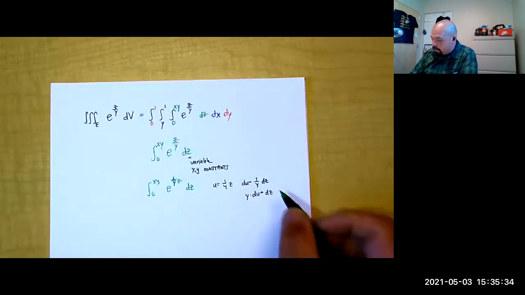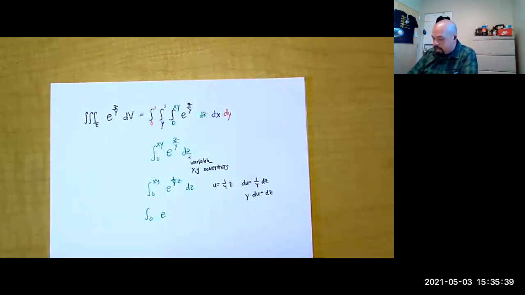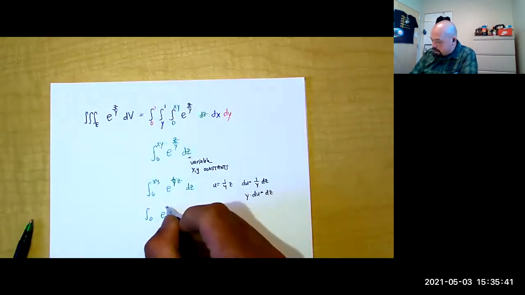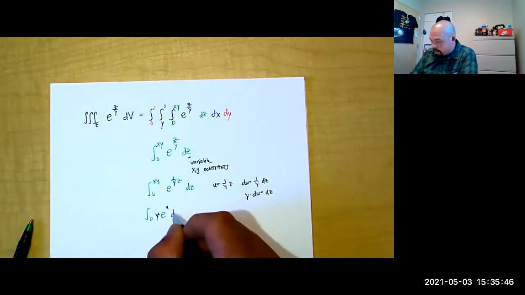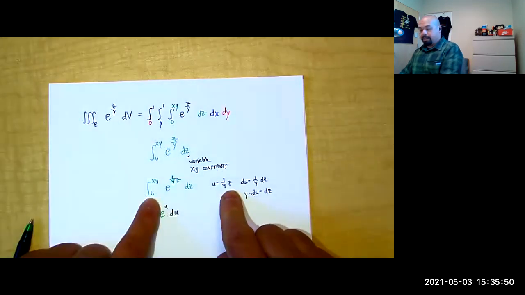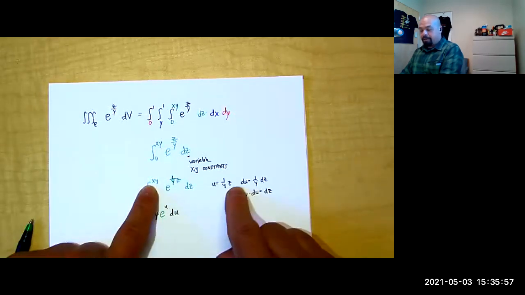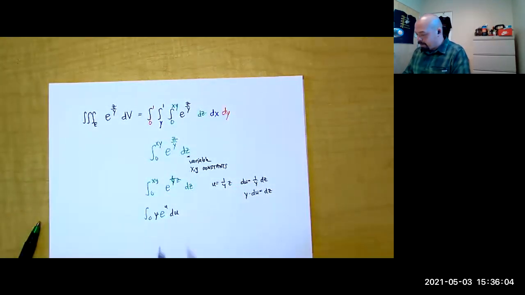With that u sub, we can incorporate those limits. e to the u, dz, y times du. If my lower bound is 0, 0 for z times 1 over y is still 0. xy times 1 over y z, so z is xy, this is going to go to x now.